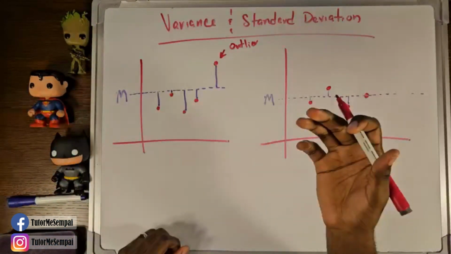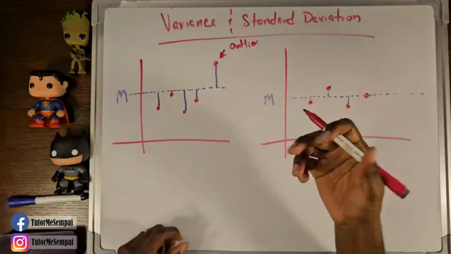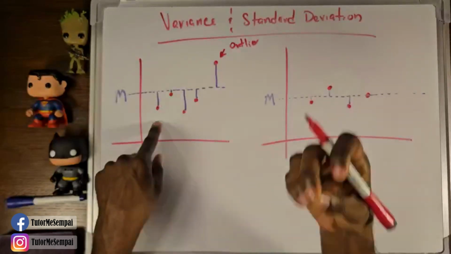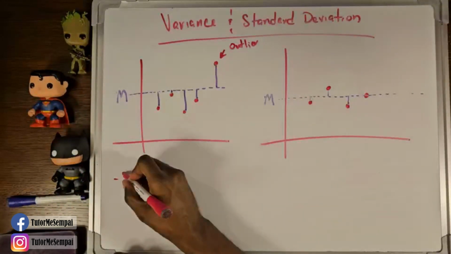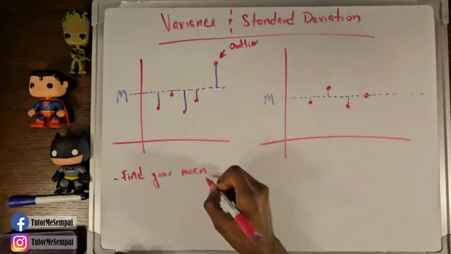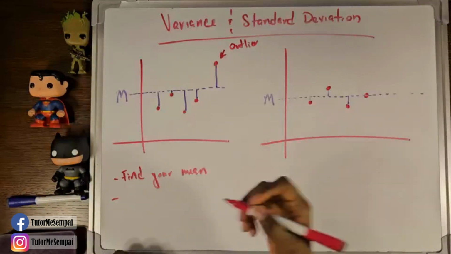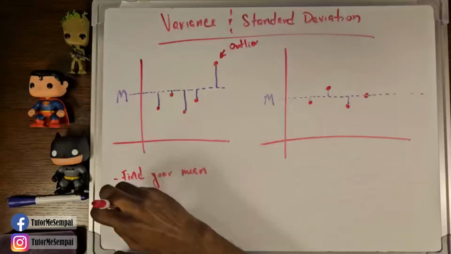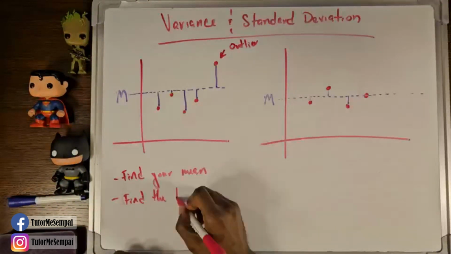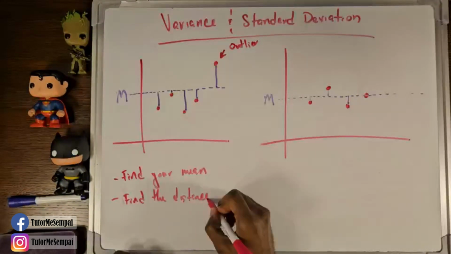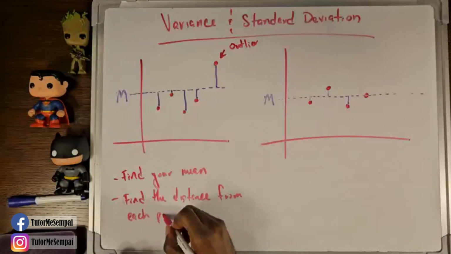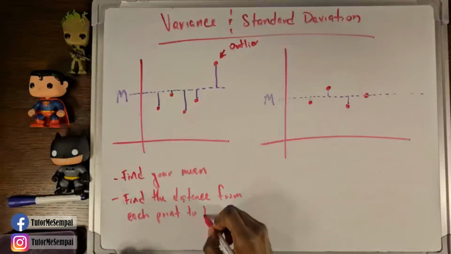Finding your variance requires you to find the distance between each of your data points and the mean. So first you want to find your mean. Then you want to find the distance from each point to the mean.